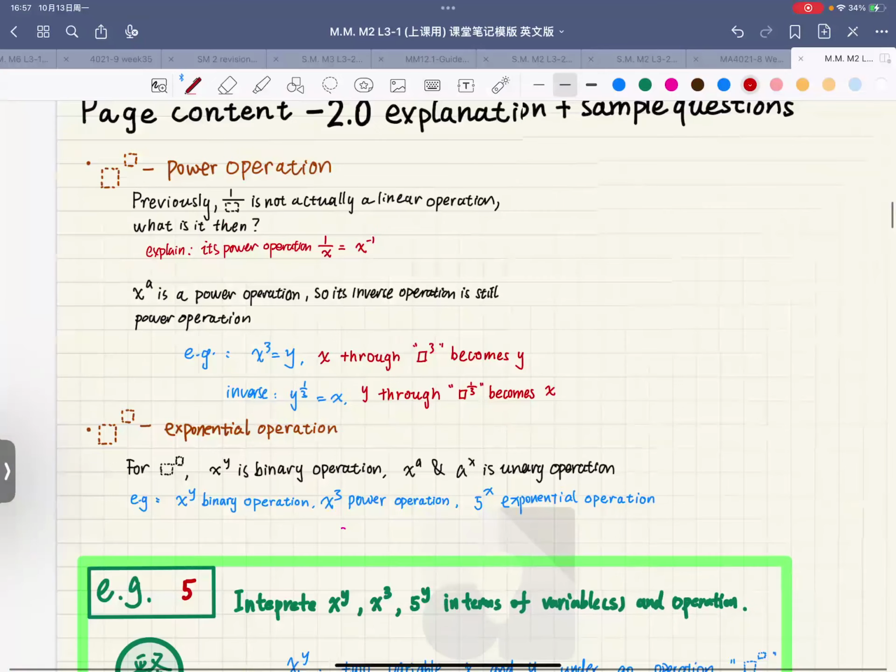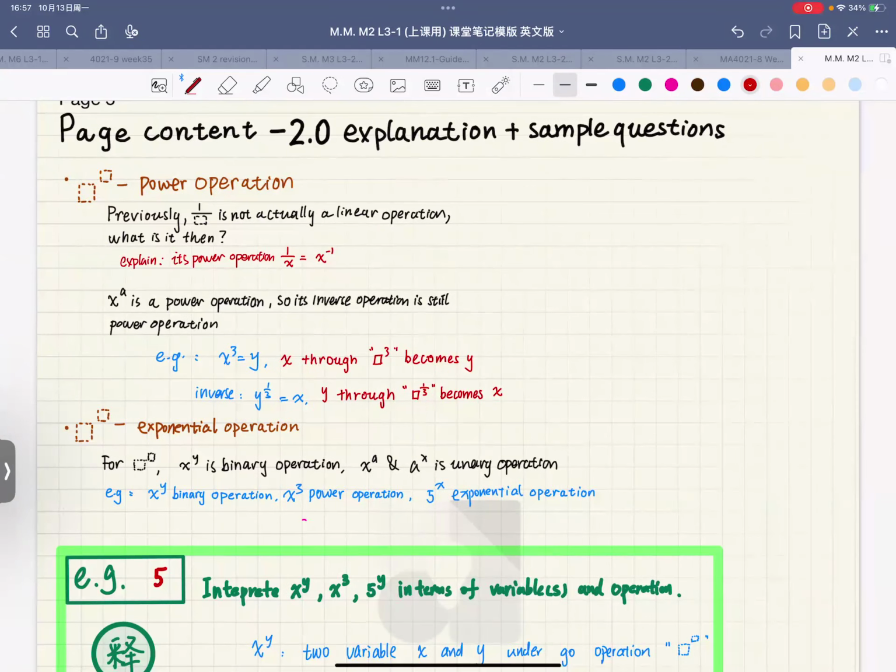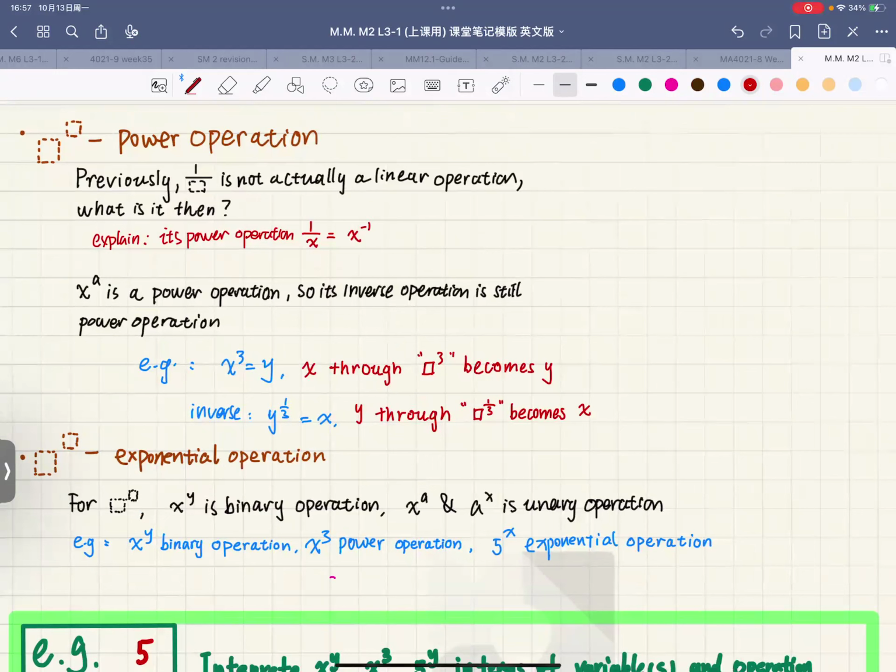Okay, next one is power operation. Previously we had 1 over something. Okay, 1 over something is not actually a linear operation, right? For example, 1 over x basically is 1 divided by x.